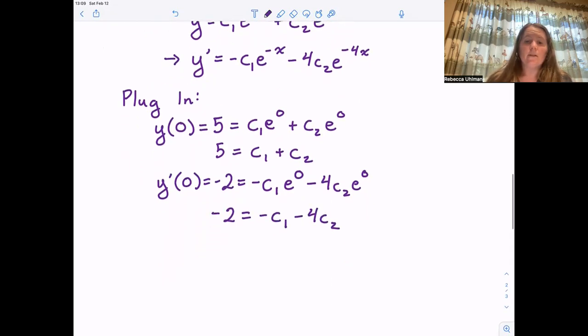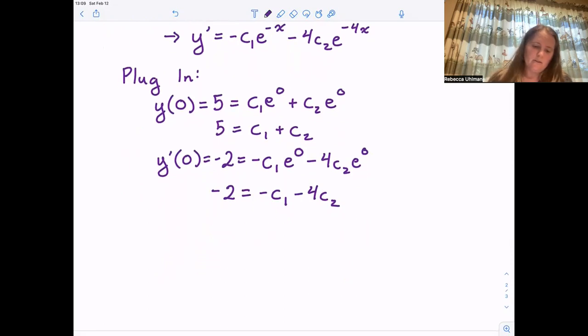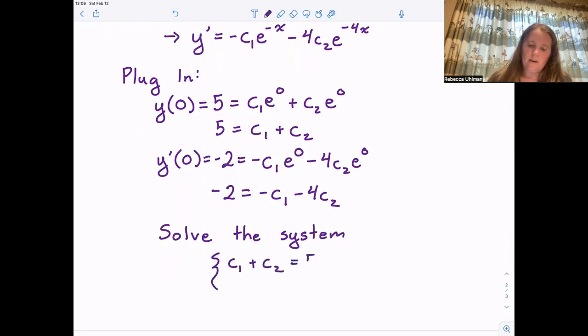So now we need to solve a system of equations: c1 plus c2 equals 5, and -c1 minus 4c2 equals -2.